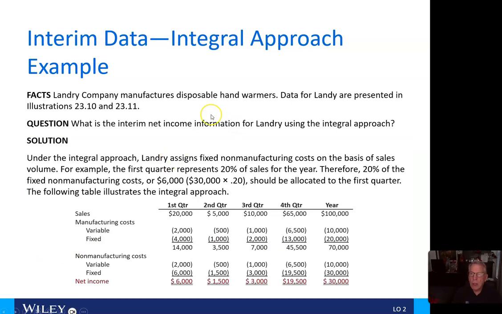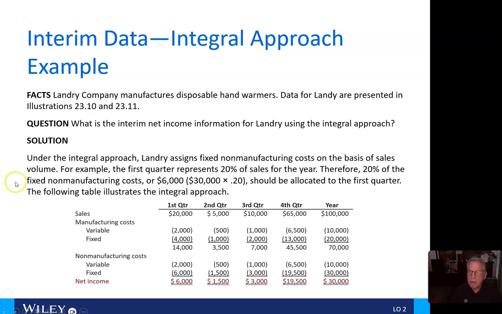So if I look at the integral approach, Landry Company manufactures disposable hand warmers again, and using the integral approach, Landry is going to assign fixed non-manufacturing costs on the basis of sales volume. So, for example, the first quarter represents 20% of sales.